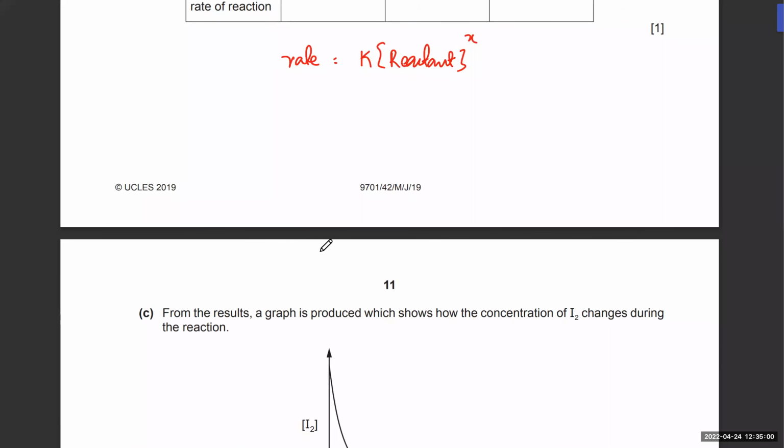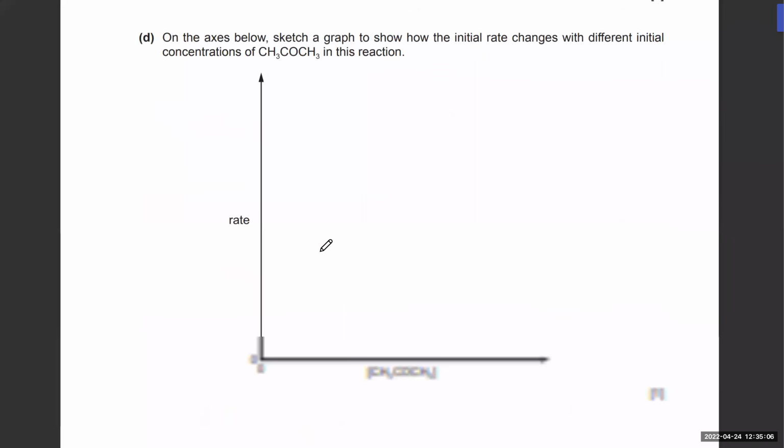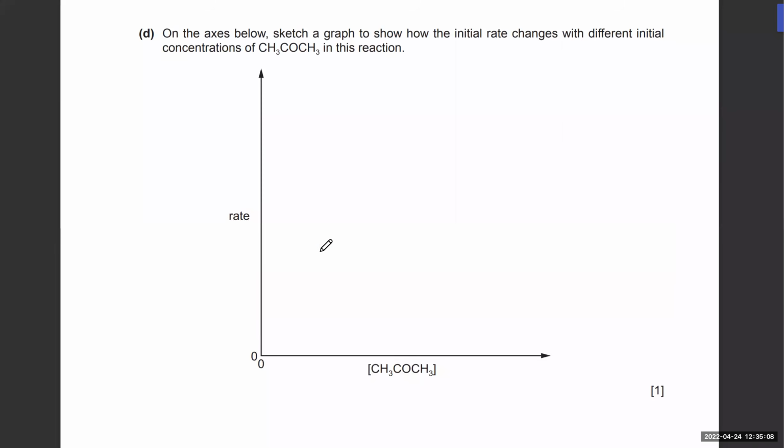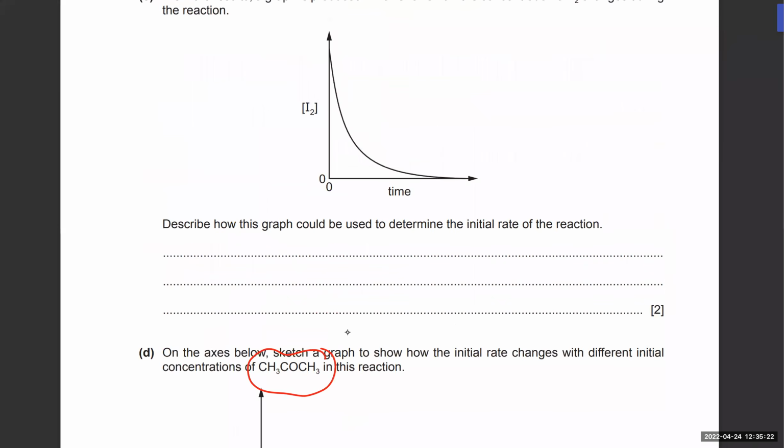और कौन सा? Ask a D part. How to make that graph? So on the axis below, sketch a graph to show how the initial rate changes with different initial concentrations of CH3COCH3 in this reaction. So initial rate now. So what is the order with respect to this thing? It's 1, right?